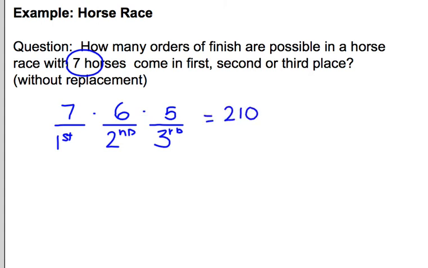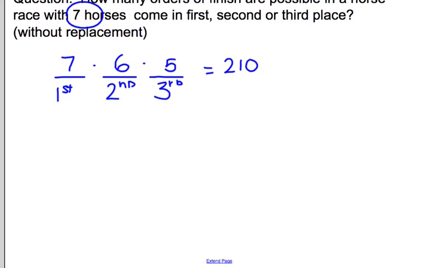We can also use our permutation formula. If you remember, nPr. Well, our n is our total number of choices, 7 horses, and we're going to choose 3. I'm going to show you how to use this with your calculator.